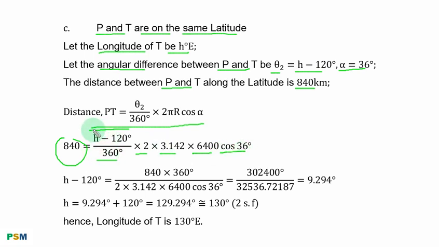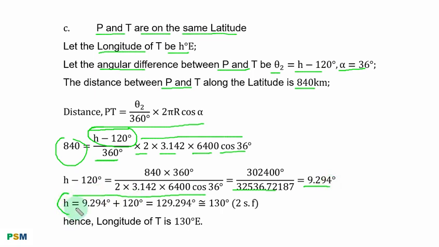To make h minus 120 degrees the subject, multiply through by 360 to clear fraction and divide both sides by this product. You have it in this form. When you simplify both numerator and denominator, you have this result. After division, you have 9.294 degrees.